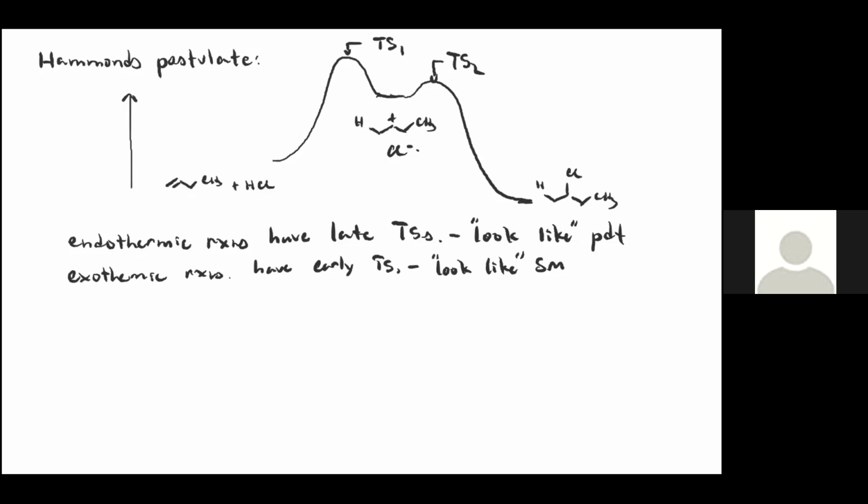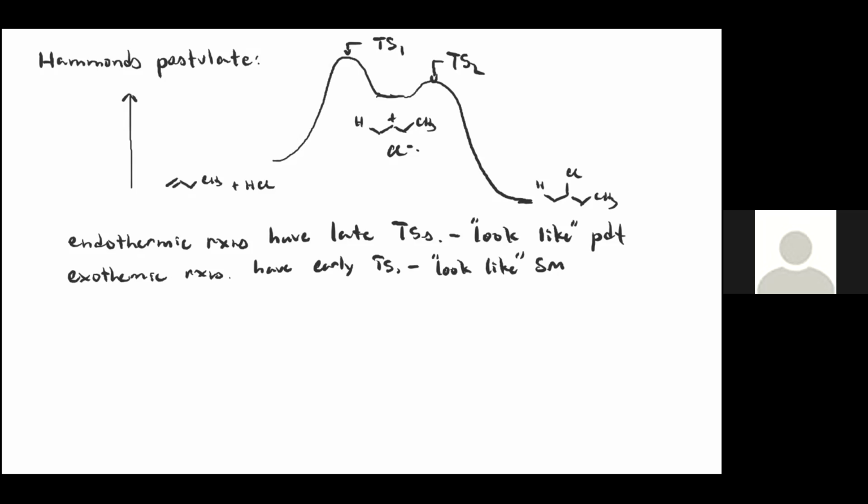You could sort of intuit this if you think about it from the perspective of molecular rearrangements. If I've got a very high energy species, the carbocation has a planar geometry. It's going to take less energy.